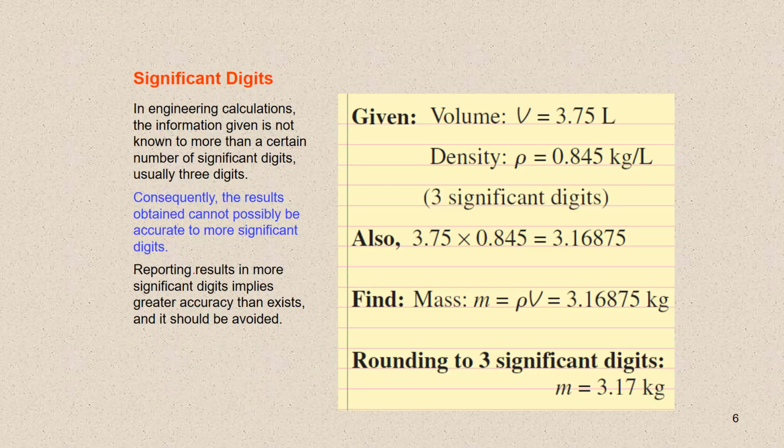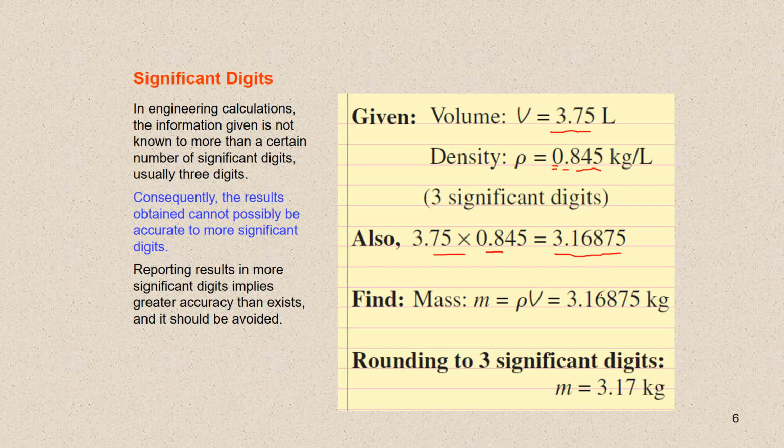So now let's see this problem. The volume V is given as 3.75 liters, which would have 3 significant digits, and density rho is given as 0.845, and the 0 here is a leading 0, so it's considered non-significant, and as a result 0.845 also would have 3 significant digits. When you multiply the two together you are going to get an answer of 3.16875.